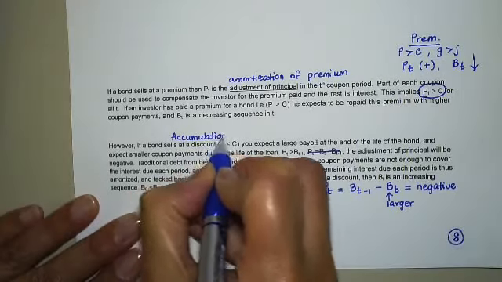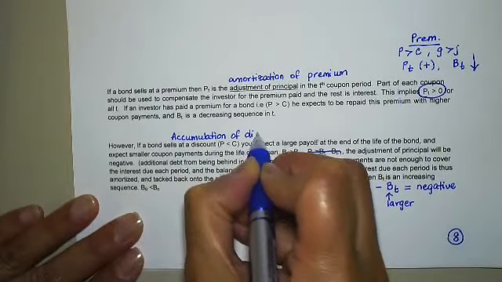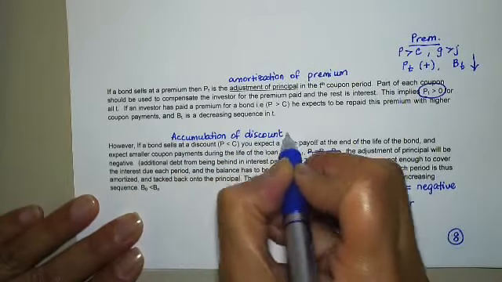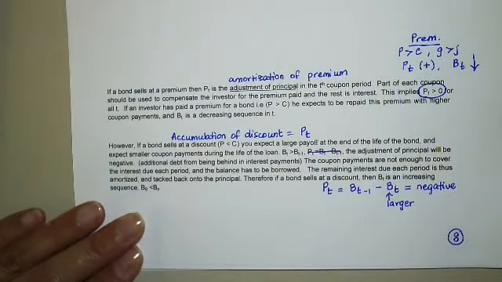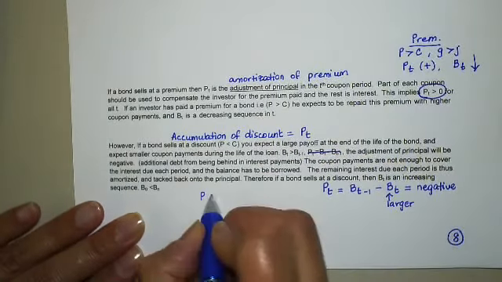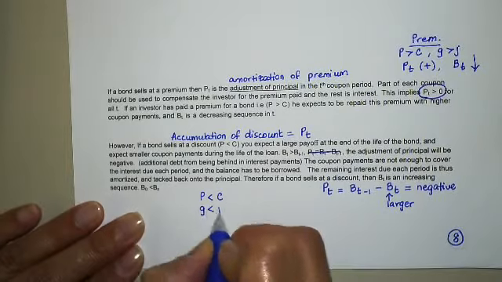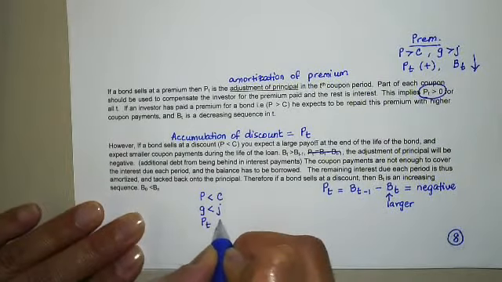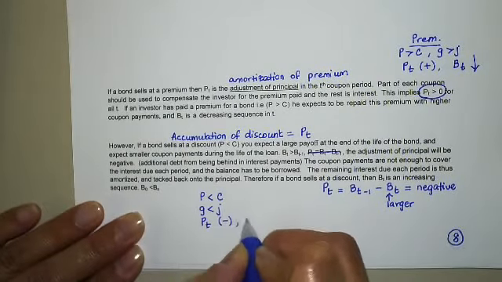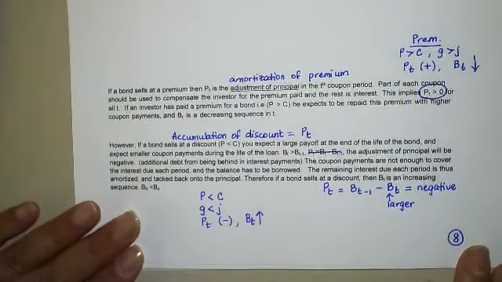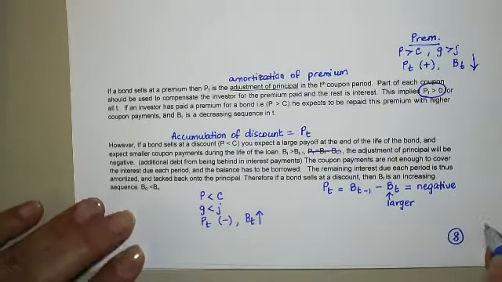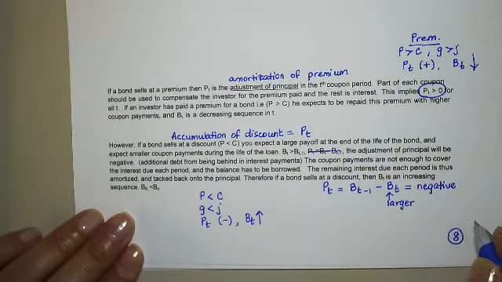And of course it's called accumulation of discount, the P of T. So here P is less than C, G is less than J, P of T are negative, and B of T goes up as time goes on.